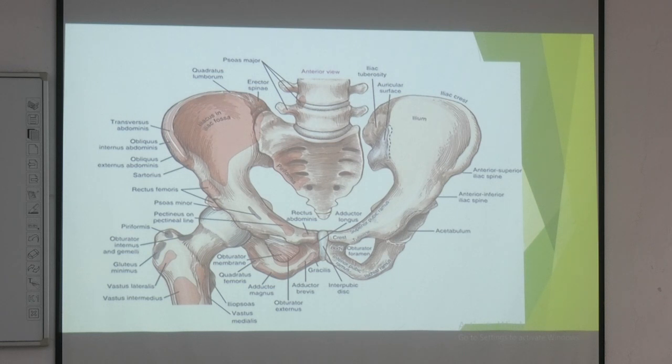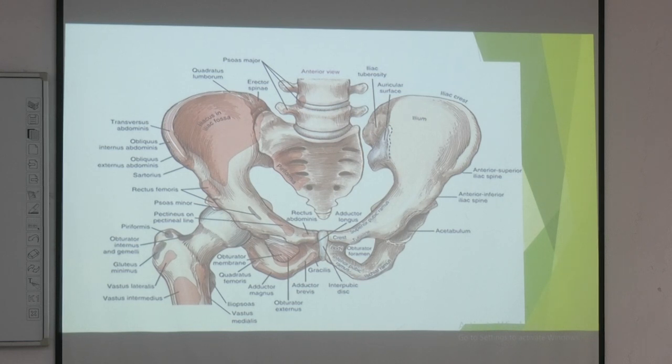Anterior surface, minimus. Lateral surface, medius. Maximus, we have a special attachment for maximus. We will talk about it later on. So the glutes, 2 of them, minimus and medius, are attached anteriorly and laterally on the greater trochanter.